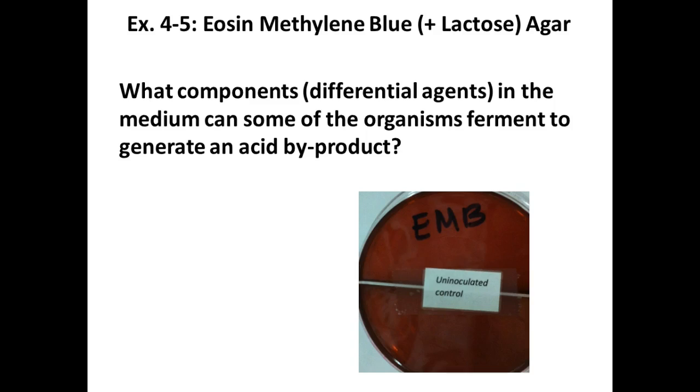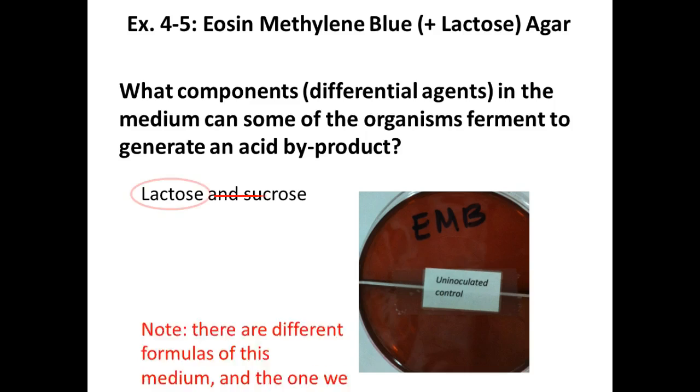Then, once they grow, these are differential plates as well. They help us differentiate an ability. What can be fermented in these plates by organisms that grow on it? Sugar, right? Gets fermented. What sugar's in this media? According to your lab manual, it could be lactose and sucrose. But the formula that we utilize in the microbiology lab here actually only contains lactose.